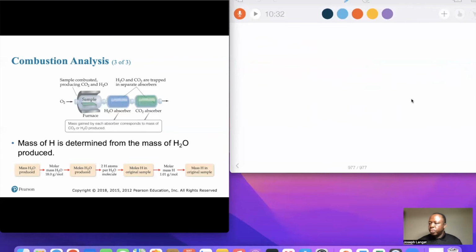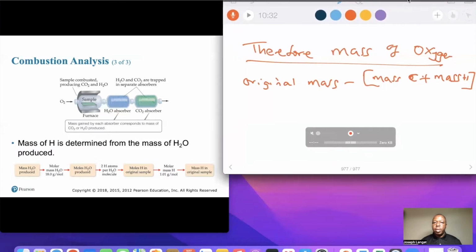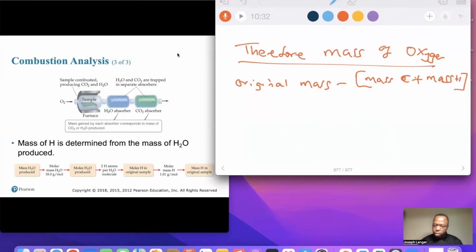Therefore, the mass of oxygen will be the original mass minus the mass of carbon plus the mass of hydrogen. This is what you will need to know on determining the mass of oxygen.